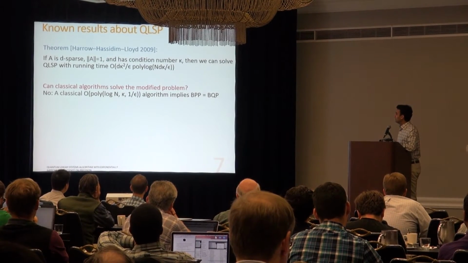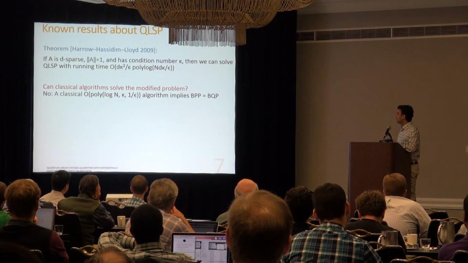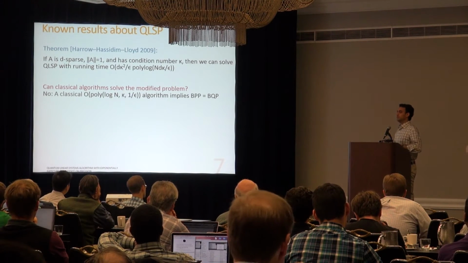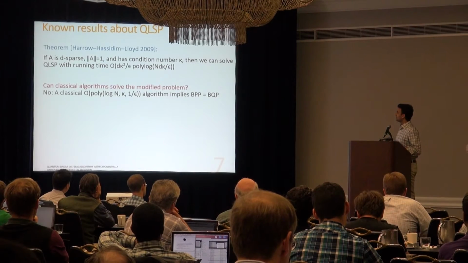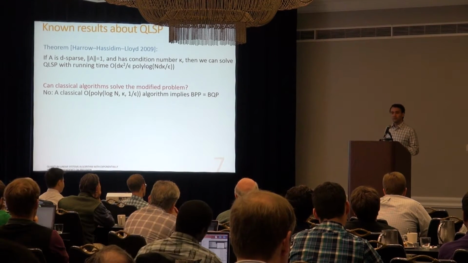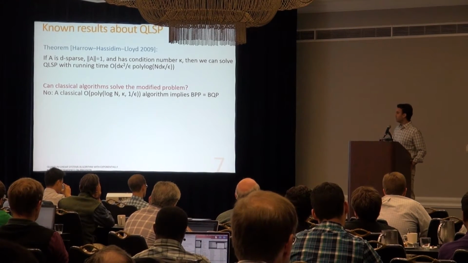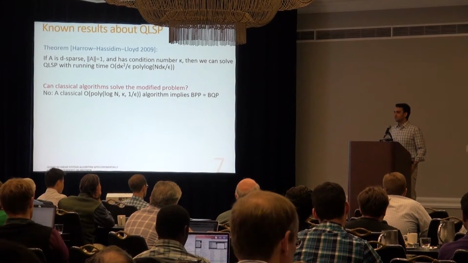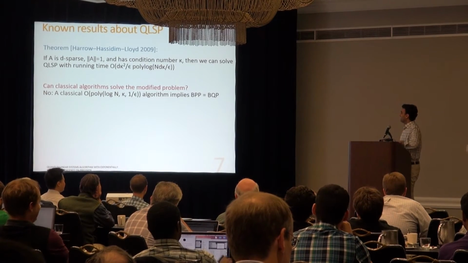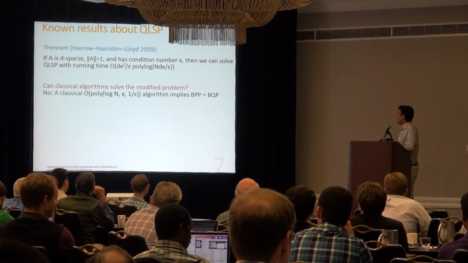They showed that classical algorithms cannot solve the modified problem, assuming that classical computers cannot solve every problem that's solvable by a quantum computer. If classical computers can do that, then this whole quantum algorithms thing has been a huge waste of time. But I hope that doesn't happen.